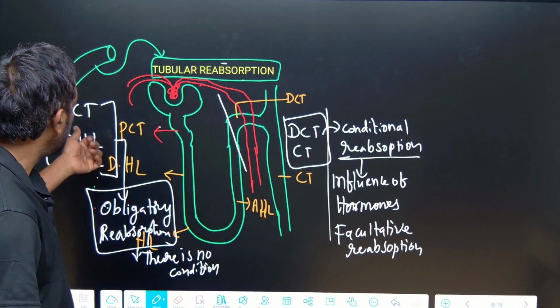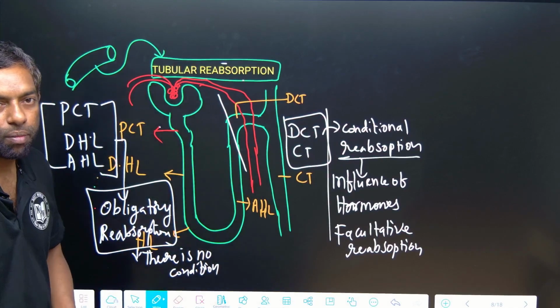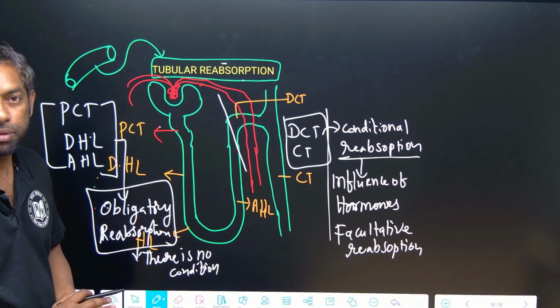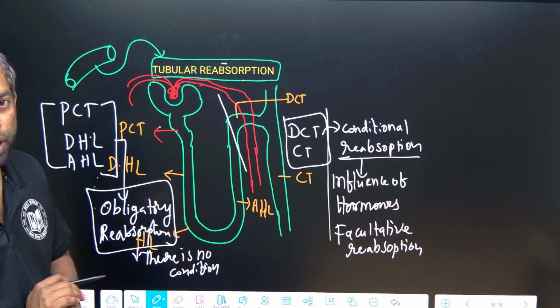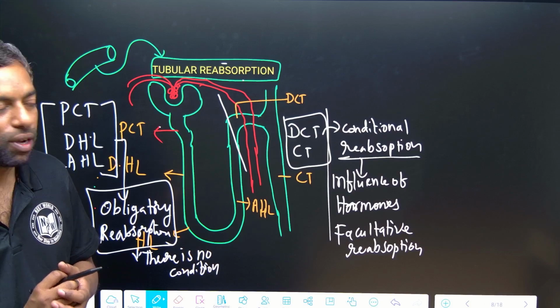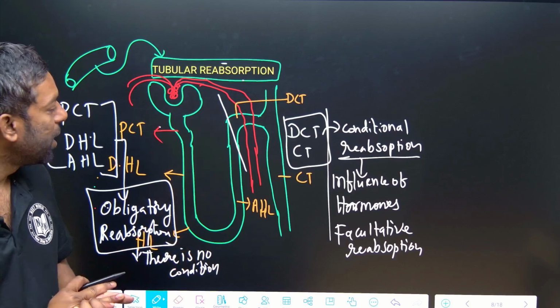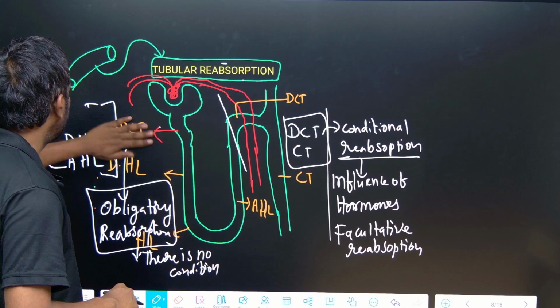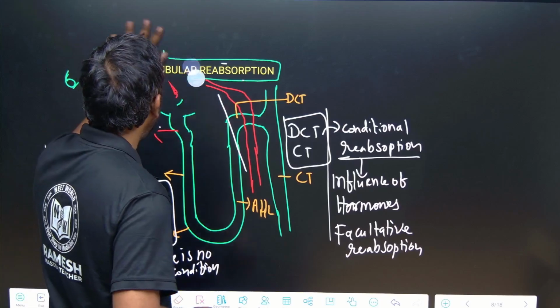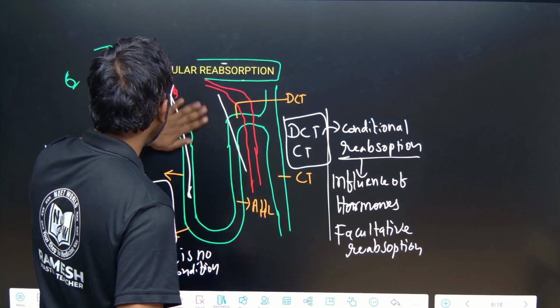But in the PCT and both Henle loops, obligatory reabsorption takes place. There is no external force; they can transport according to their own need. In the PCT, what type of reabsorption takes place?